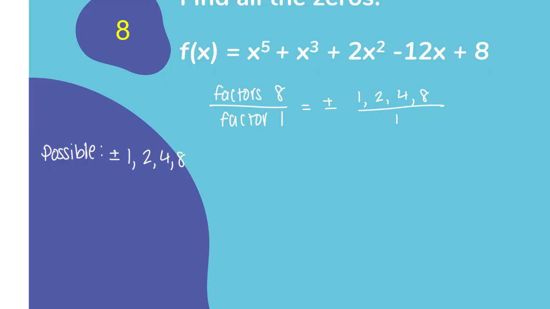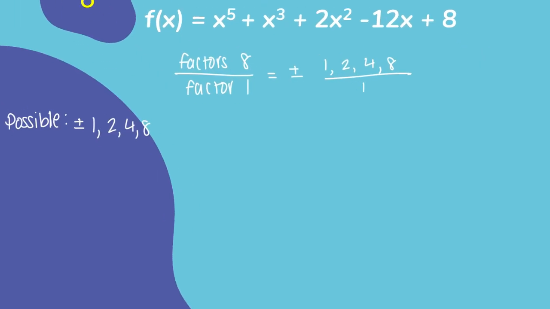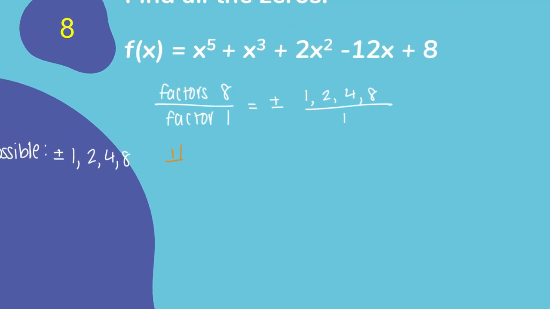Okay, this is where I'm using my trial and error, only with what I can possibly have. So the first one I'm going to go ahead and use is 1. That one should be pretty easy. Using 1, I'm going to use my coefficients. This helps for some students.